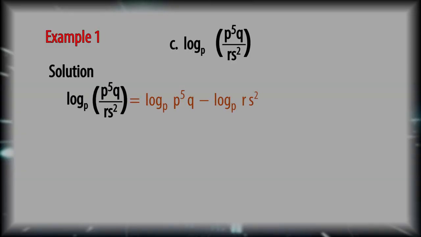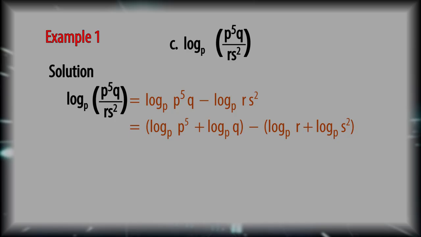So we have log base p of p raised to the power 5 times q minus log base p of r times s squared. That is our second rule. We go a step further by changing the multiplication also to become addition.